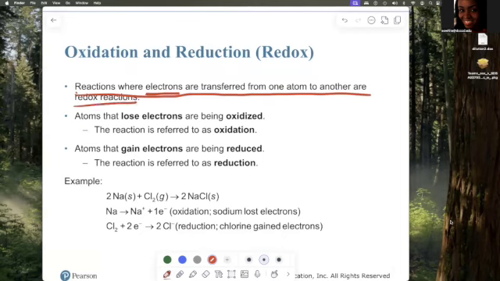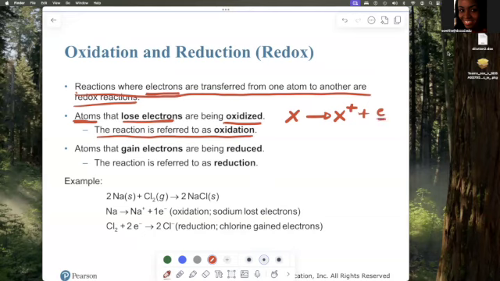In the chemical reaction, you have to identify an atom or atoms that are losing electrons, and these are going to be oxidized. This reaction is referred to as oxidation. So once again, you have an atom, let's call it X. When it loses electrons, depending on how many electrons are lost, it becomes positively charged. Let's look at X being an example of an atom that loses one electron. It goes from being neutral to being positively charged because it lost the electron, and this is the lost electron right here.